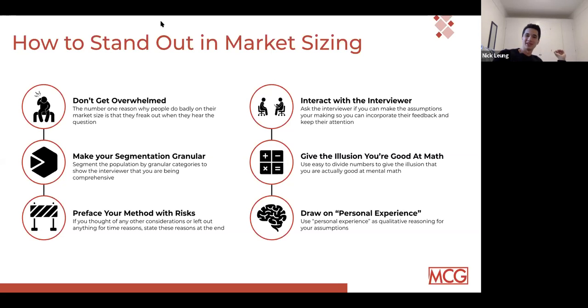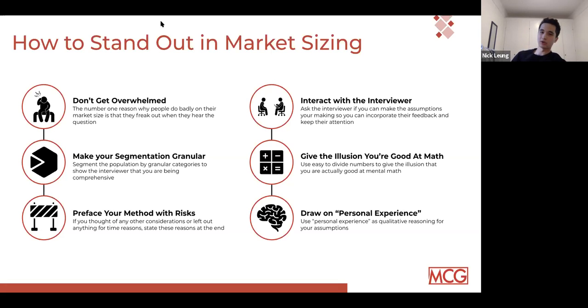Okay, the next tip: give the illusion you're good at math. What do I mean by this? I know, myself included, I'm not super good at mental math or anything. But one way to trick your interviewer into thinking you're good at math is just to use easily divisible numbers. Don't take 200,000 and do 78.65% of that.